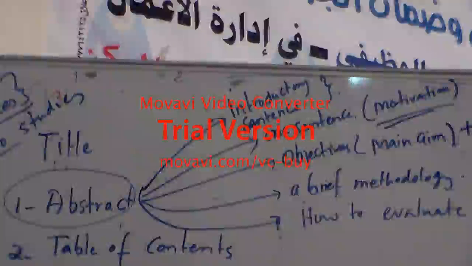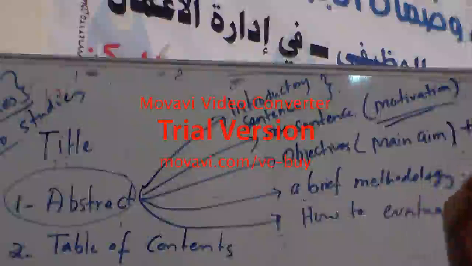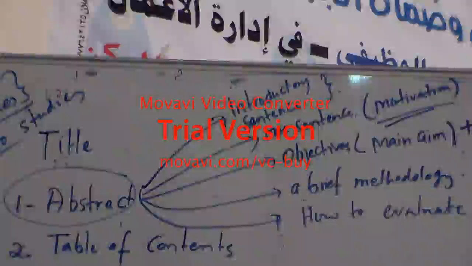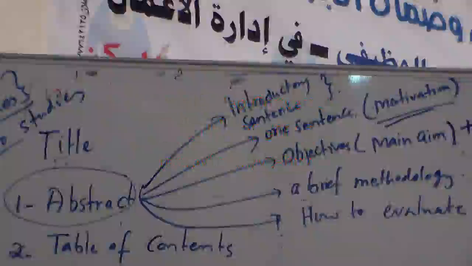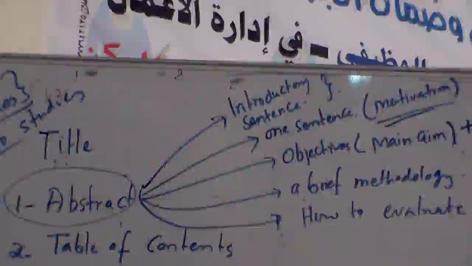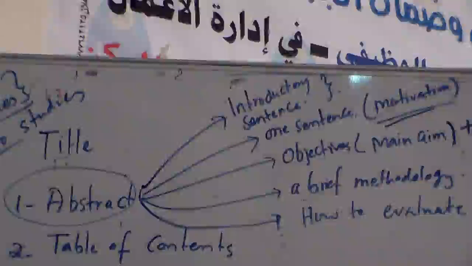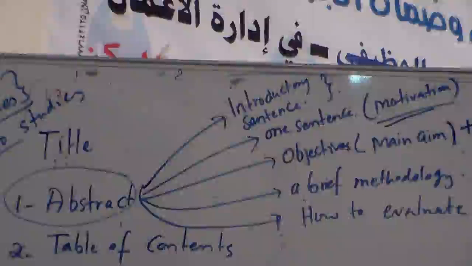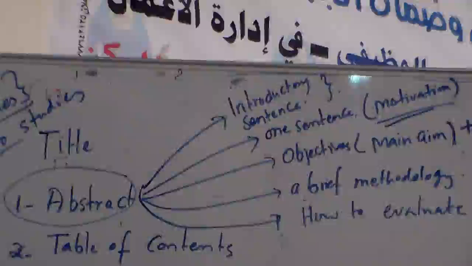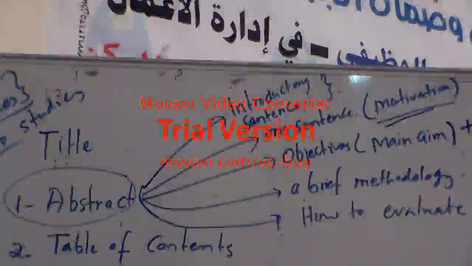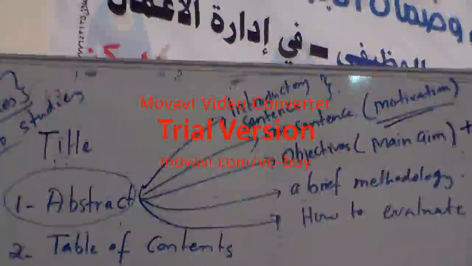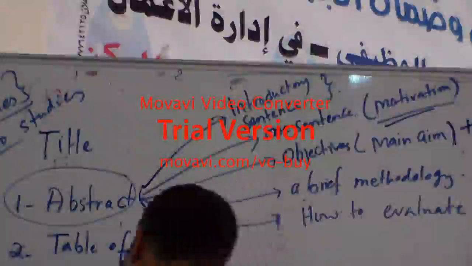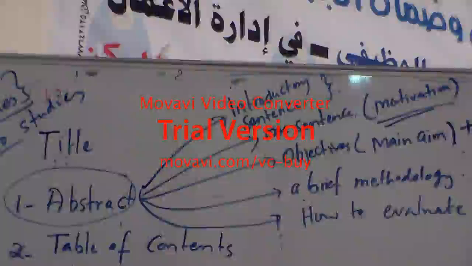Is the abstract the same as the summary? It's not the same. The summary is something different. Summary is you just summarize what you do in this chapter. Chapter 1, for example, doesn't have a summary, but maybe chapters 2, 3, and 4 can have a summary.